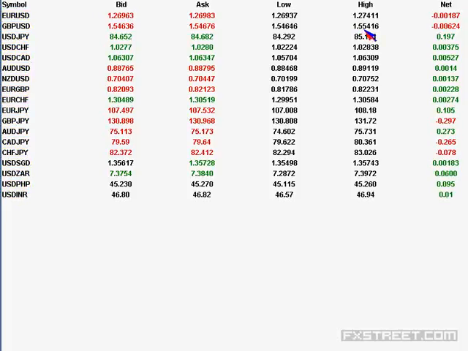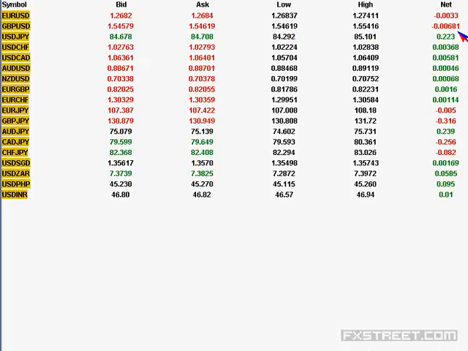The high is 1.5541, which was shown before the release of UK GDP, and subsequently they made swings, but not much of moves are seen today. GBP was in negative territory during the European session. Now it has come down, made a little bit of a downward stop, and currently it is showing 68 pips negative net change, and Euro is showing about 30 pips negative net change.